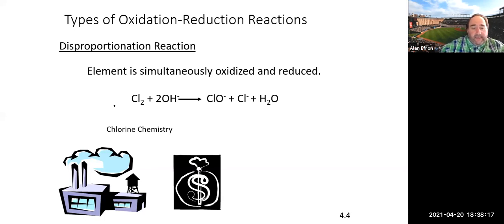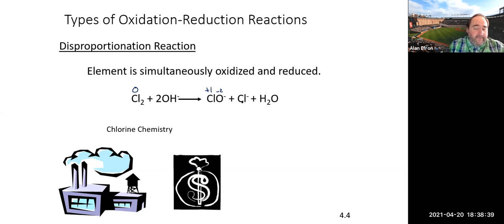And what we see here is the chlorine here is 0. The chlorine in this first guy, the oxygen is -2. There is a -1 charge. So the oxidation state of the chlorine in that, which is hypochlorite, is +1.